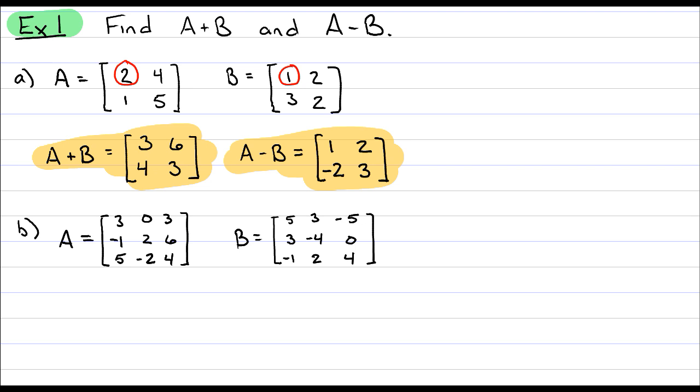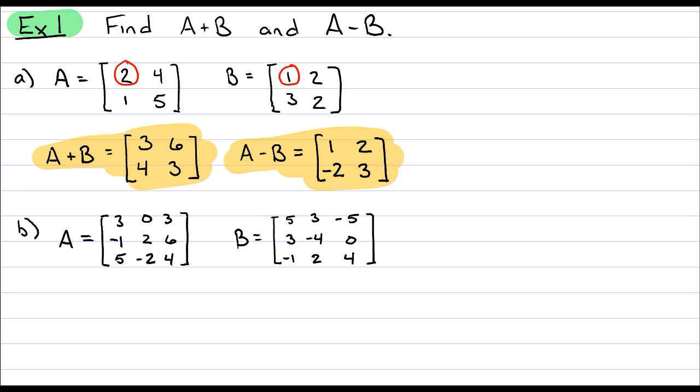Okay, so in part B, it's the same idea, except we have larger matrices. Plus, here we have to be a little bit careful when we subtract, because some of our entries are negative. So we need to be very careful here about making a sign error.